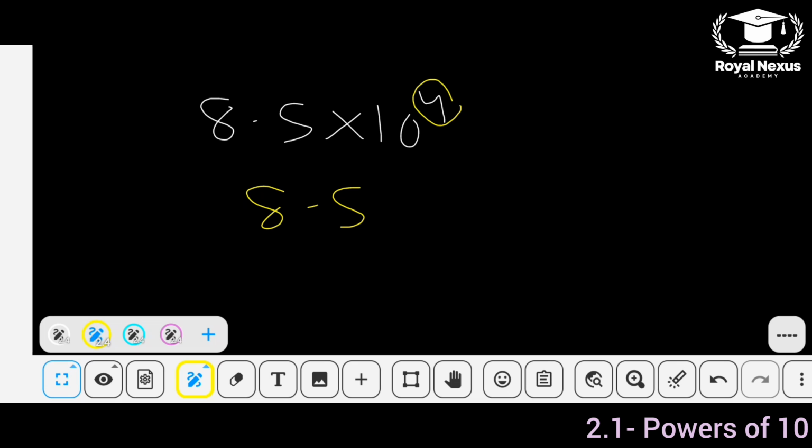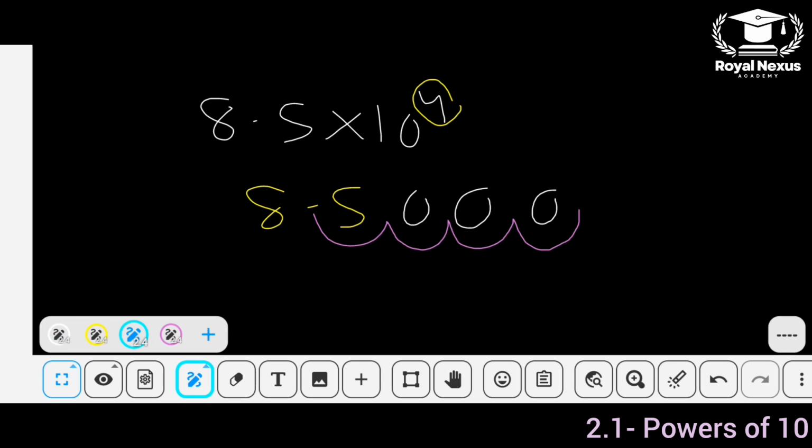So it will be like this: 1, 2, 3 and 4. Over here in the gaps we will just write 0, so it will be 0, 0 and 0, and the decimal will be over here. So the answer will be 85000.